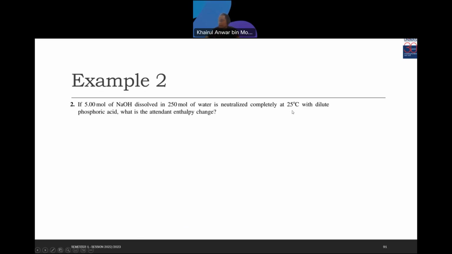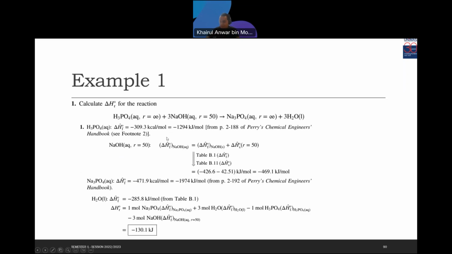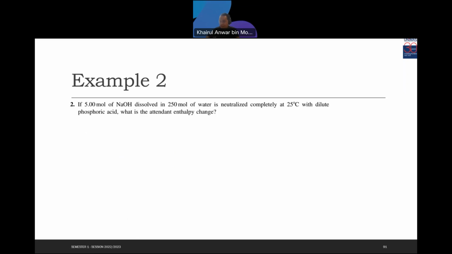Example 2, if 5 mole of NaOH dissolved in 250 mole of water is neutralized completely at 25 degrees C with dilute phosphoric acid, what is the enthalpy change? For this case, we have from example 1 the delta heat of reaction.